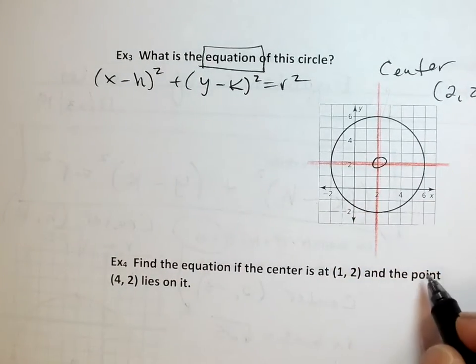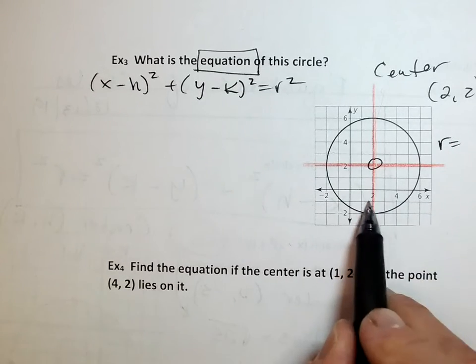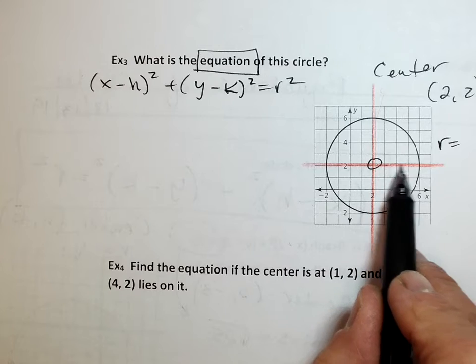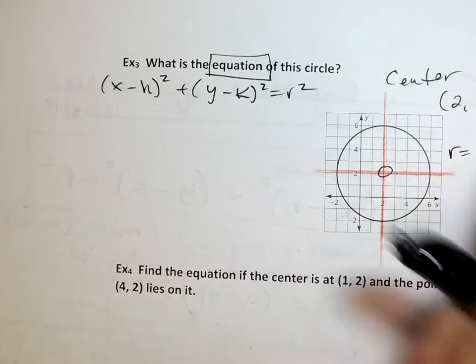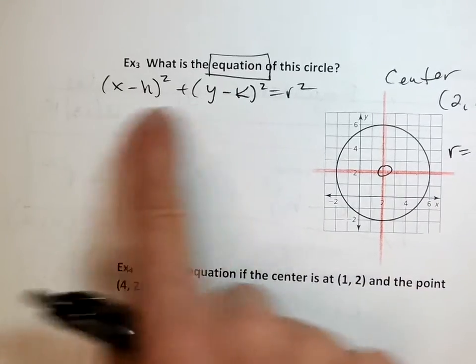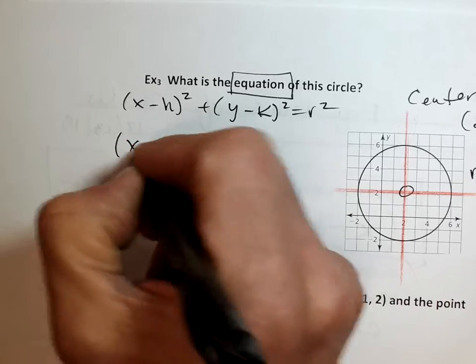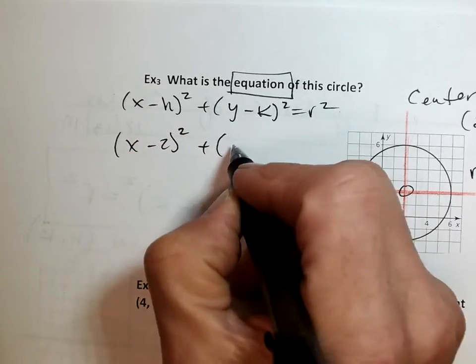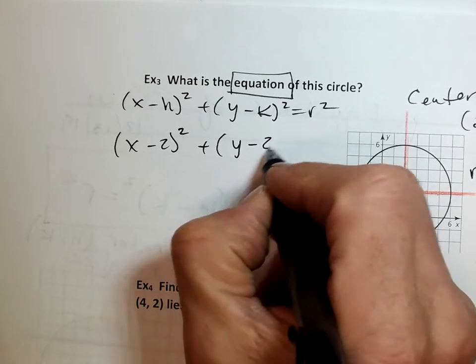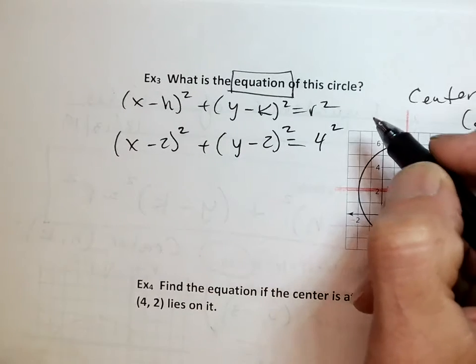Now my radius. Well, I can just count my radius, right? The radius is going to be 1, 2, 3, 4. You guys see that? So let's put this information into its equation because we need the equation. So we're going to go simply x minus 2 squared, because that's my center, plus y minus 2 squared equals 4 squared.